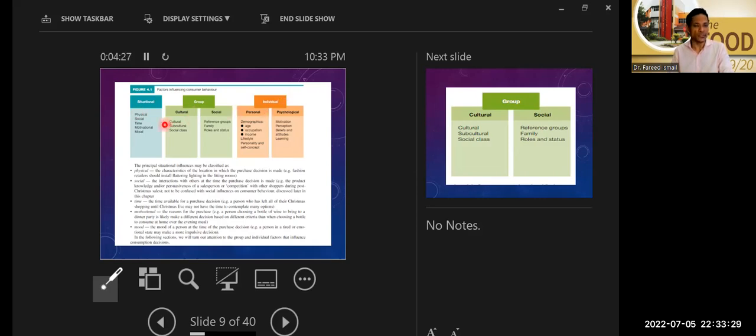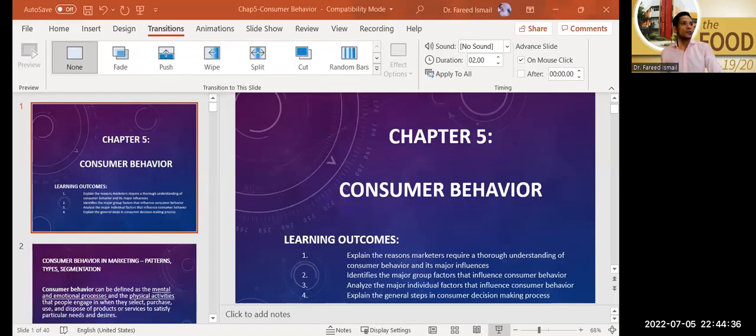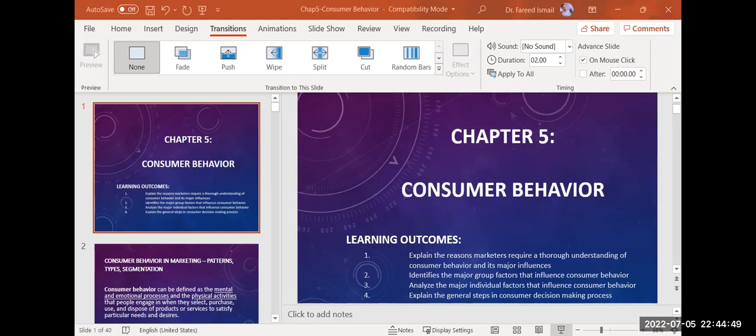These are the three dimensions I've grouped for this session, to exemplify the major group factors that influence consumer behavior.